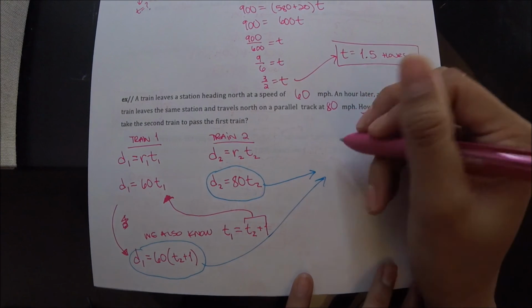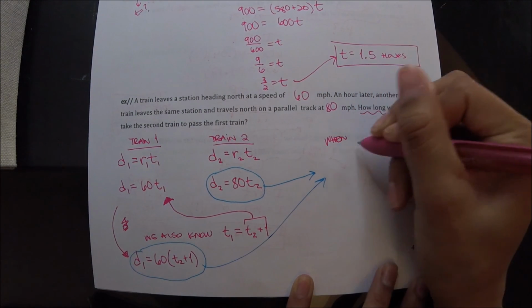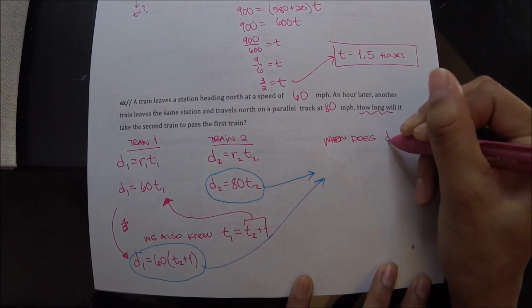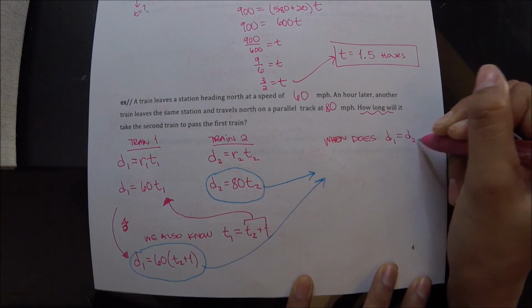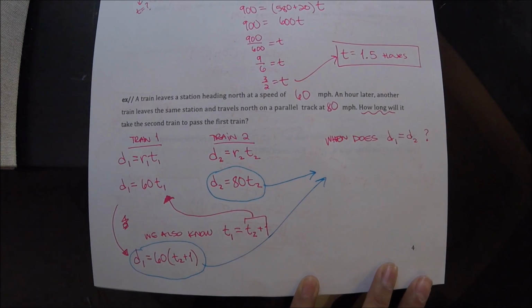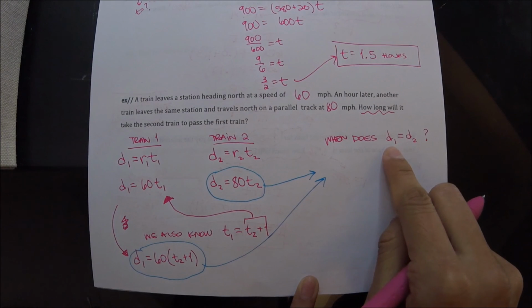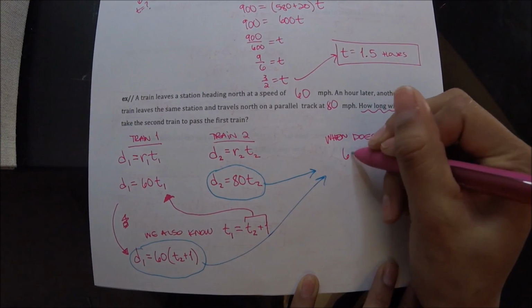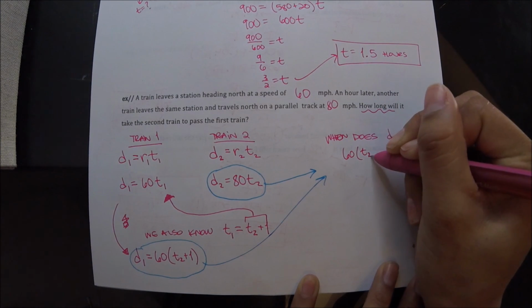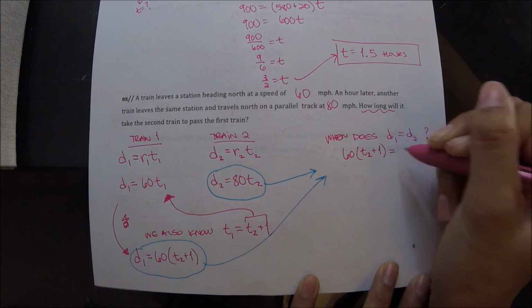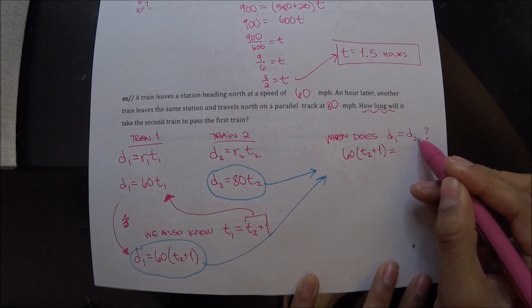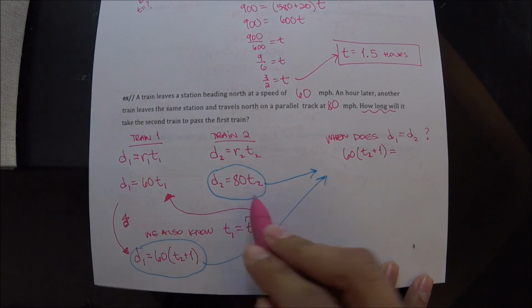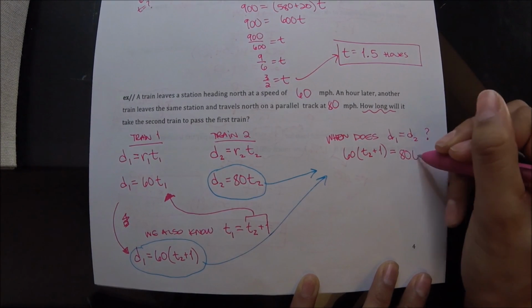So we want to know, when does the distance of the first train equal the distance of the second train? Well, let's replace d1 with this. So d1 is 60 times (t2 plus 1) equals, and then we'll replace d2 with this expression, 80 t2.